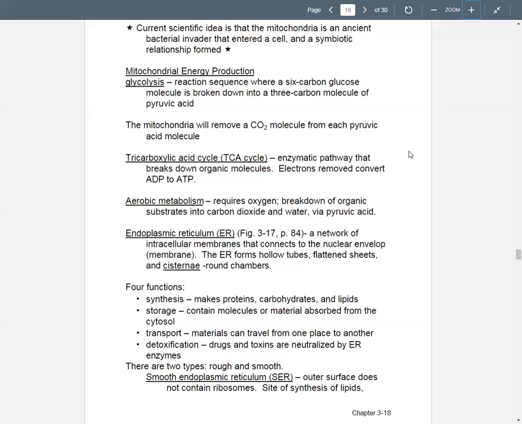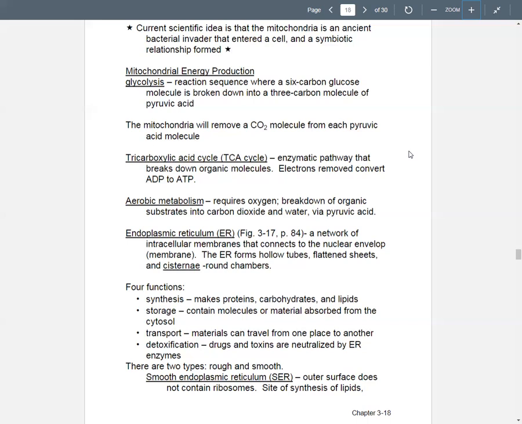It's an enzymatic pathway, which means, again, it uses enzymes, which are proteins, right? And they lower the activation energy of chemical reactions. They're going to be breaking down organic molecules. And remember, we learned organic molecules have carbon, hydrogen, and oxygen in them, right? So then they have electrons. Remember, we learned about that in chapter 2.